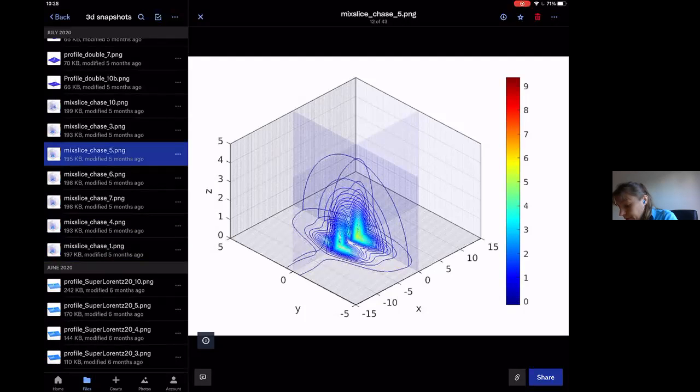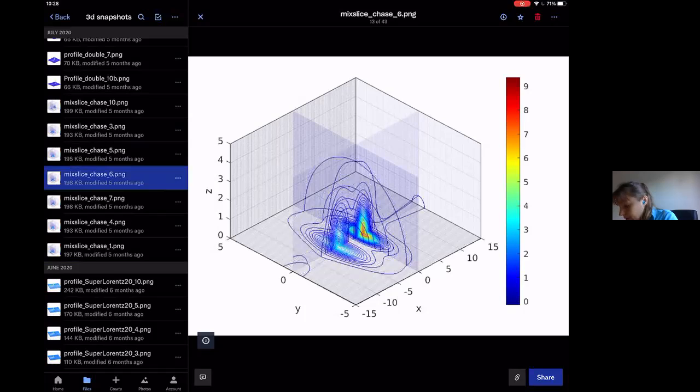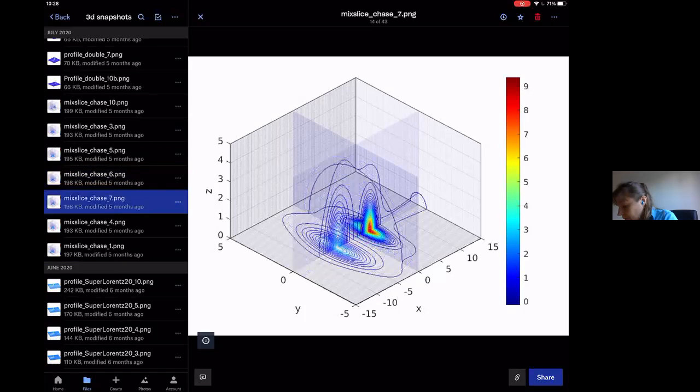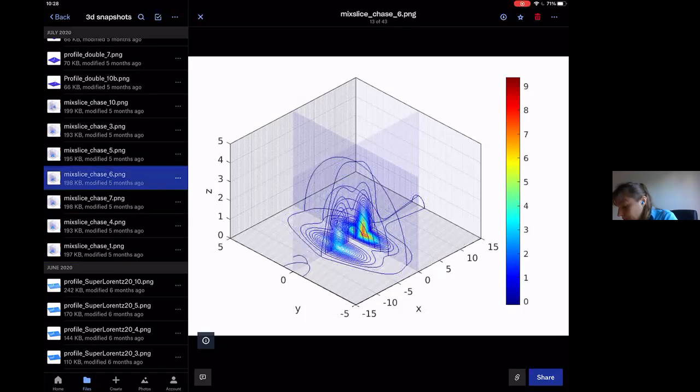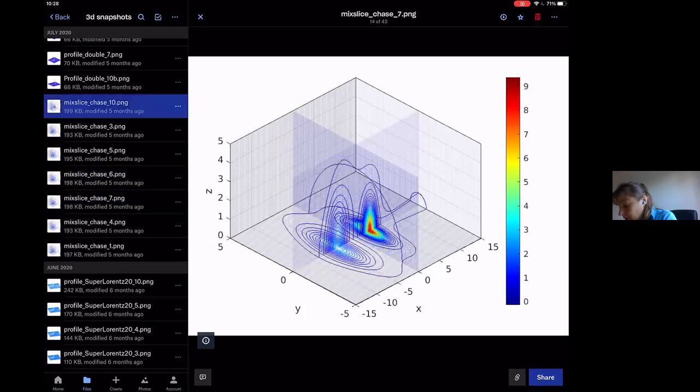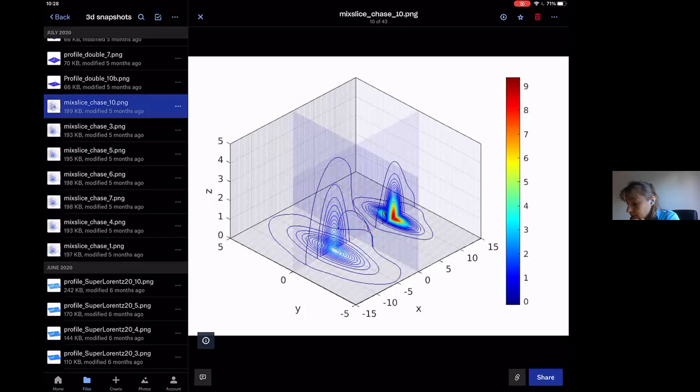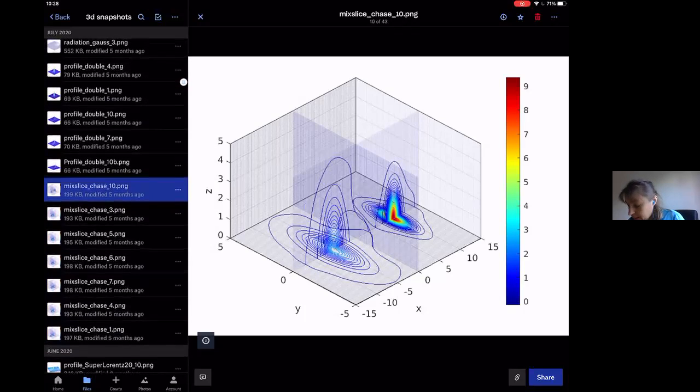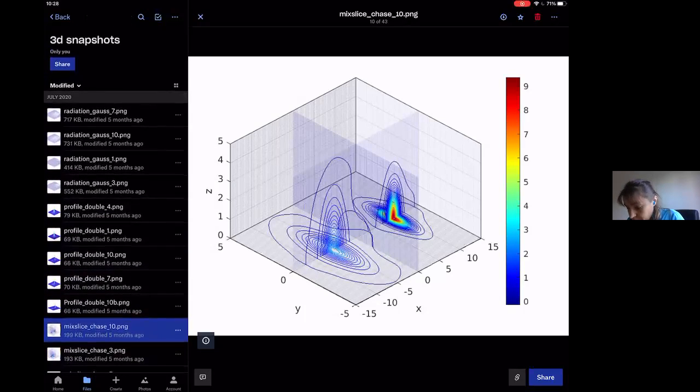So interaction happened. They start separating. Okay, like on the previous one, you could see a little bit of radiation on the left going on, and they keep going their ways. Of course it's an interesting question to investigate the interaction, how and when, but I guess that's for the future.